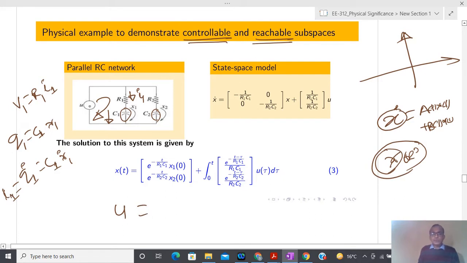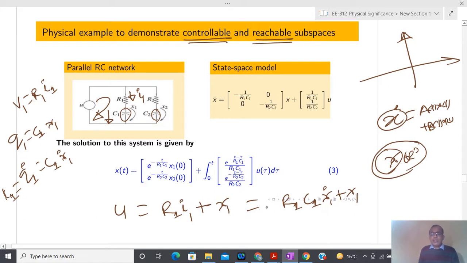So I have U, and then R1 into I1, plus the voltage X1. I am going to substitute I1, and I1 is nothing but R1 C1 X1 dot, plus X1.